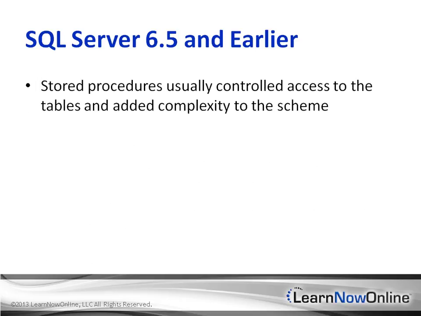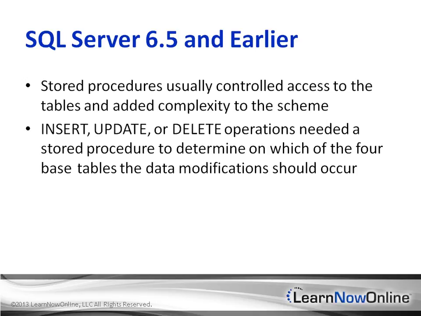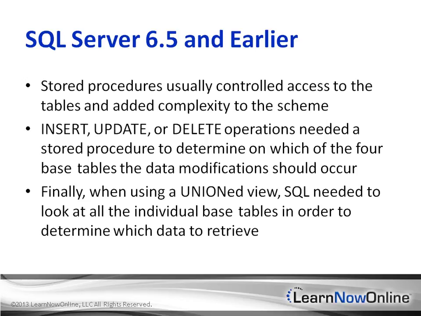And the way that we usually controlled access to the tables was through stored procedures, and that added complexity to the process. Insert, update, and delete operations needed to have a stored procedure to determine which of the 4 base tables the data modification should occur. And finally, when we were using a union view, SQL needed to look at all of the individual base tables in order to retrieve the data. And because of that, there was little to no performance gain.